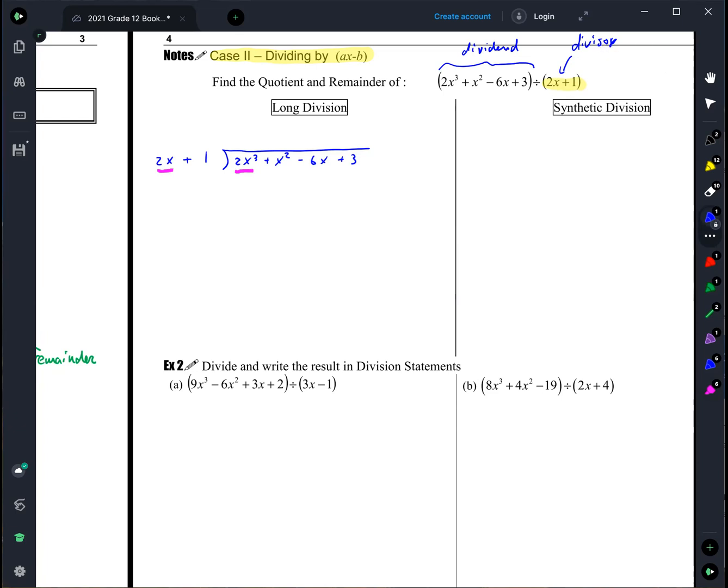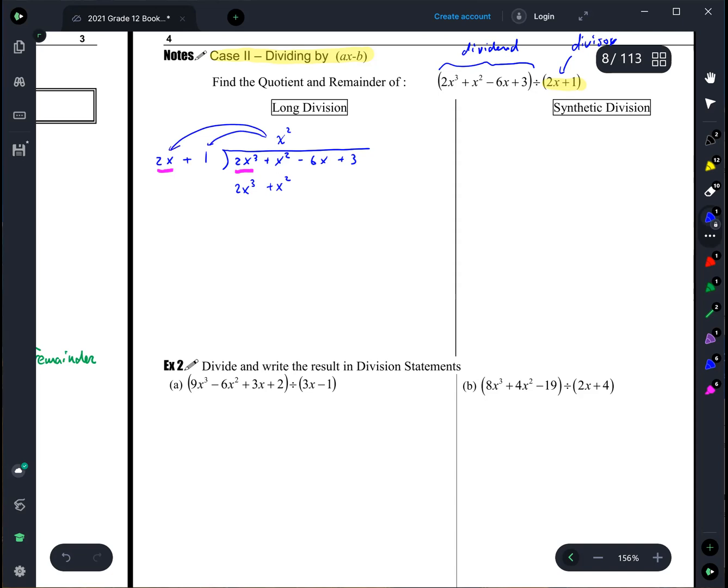X squared, very good. Make sure when you write the x squared, you line up with the x squared column, so put it on the top, above the x squared. X squared will multiply both terms of the divisor, giving you 2x cubed plus x squared. So this is like long division.